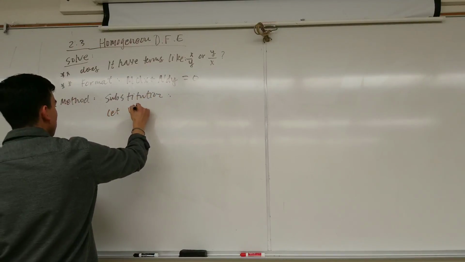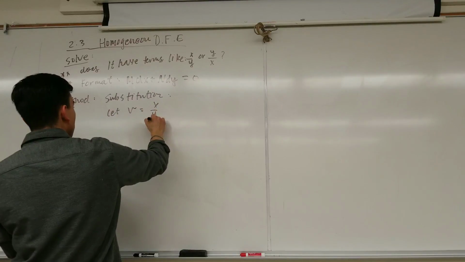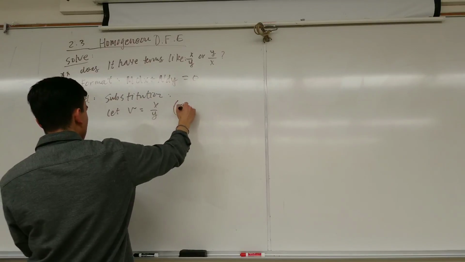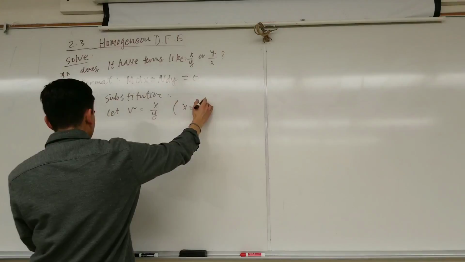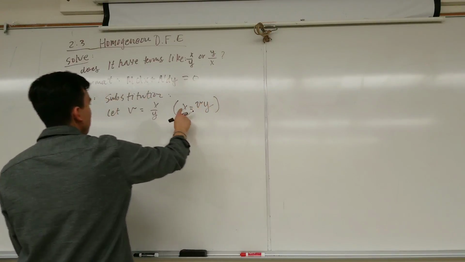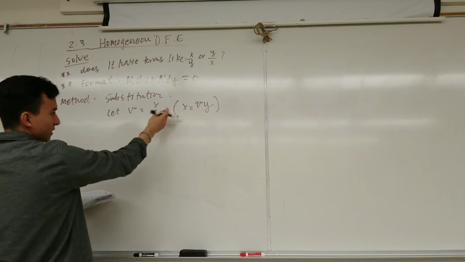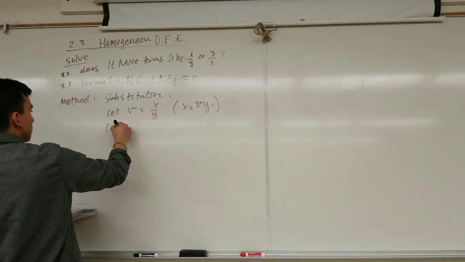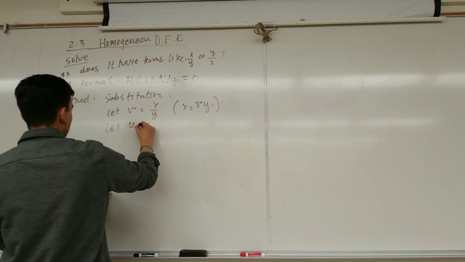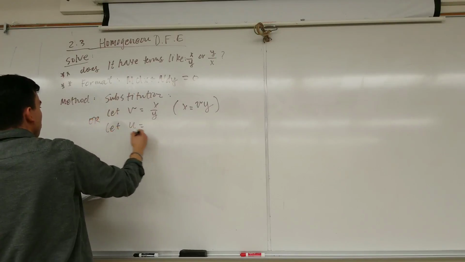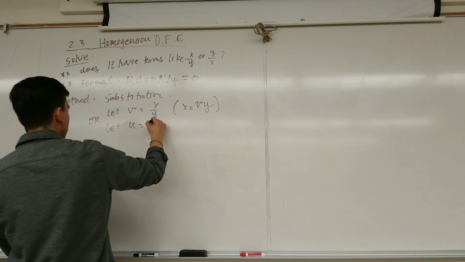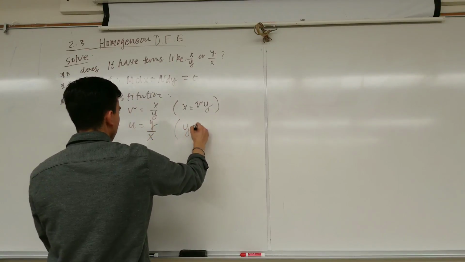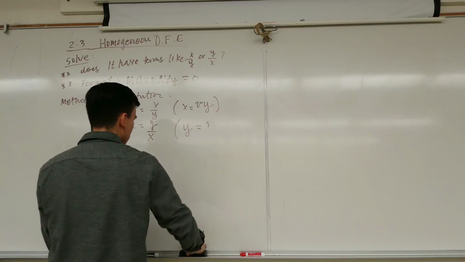We're going to let v equal x over y, or we could also say that x equals vy, and that's just manipulating the equation, basically multiplying y to both sides. And letting u equal y over x, or we could say y is equal to ux.